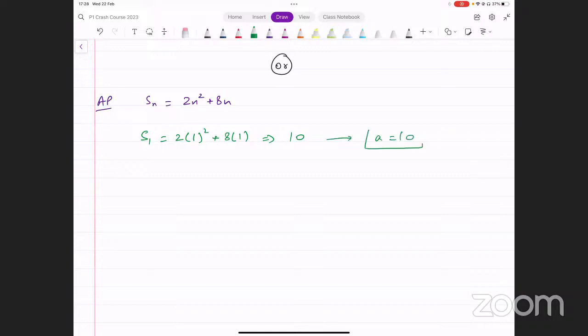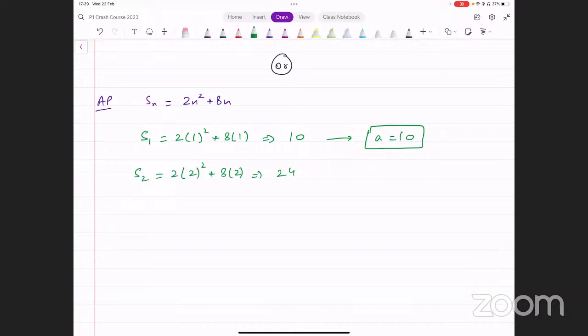That's pretty straightforward, right? And then similarly, you could find S2 from this as well. Put n equal to 2, and that gives you 2 into 2 squared plus 8 into 2. And that simplifies to 8 plus 16, which is 24. Let me just check this again. Yeah, so that's okay. This is the sum of the first two terms.